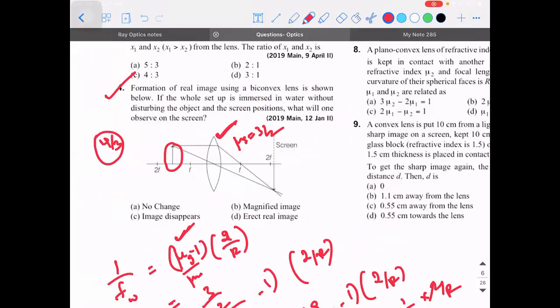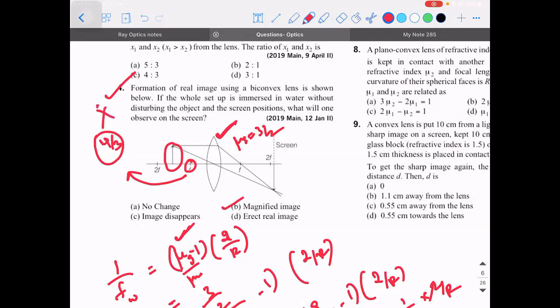Beyond 2f. Focal length is increasing now, so this point f will shift this side. Between f and 2f. Real image? Sorry? So magnified image, virtual. You'll get a virtual and a magnified image.